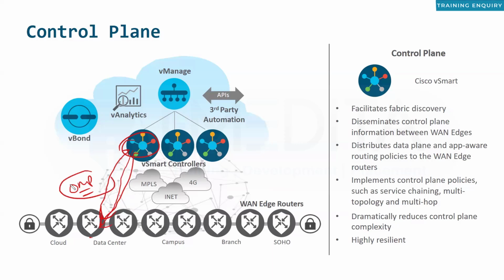In the form of OMP updates, they will exchange their route information, the LAN prefixes. So DC has LAN prefixes, the campus has LAN prefixes, the branch has some LAN prefixes. Each and every router is responsible for providing the LAN prefix information to the vSmart controllers in the form of OMP updates only.